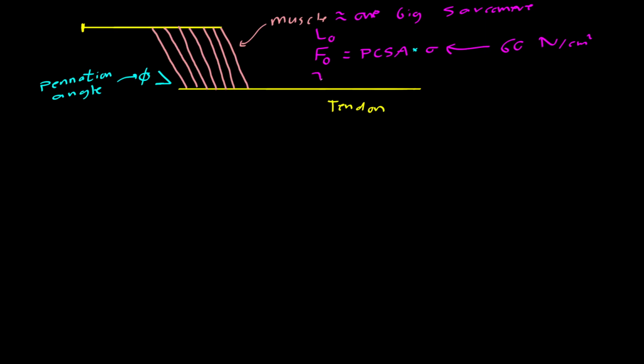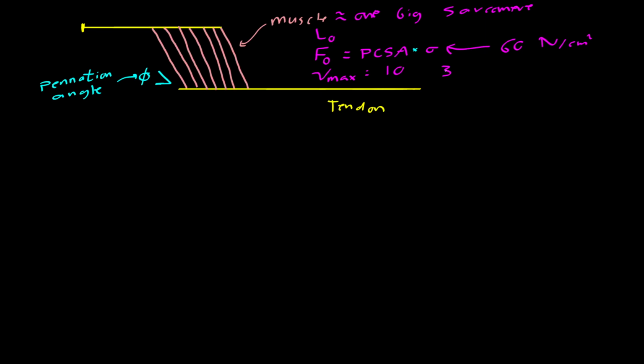And then there's also the Vmax, the maximum shortening velocity of the muscle. Again, that would be something you would do an experiment and measure, or look up from some other study. Traditionally, we assume that tends to be about 10 for fast twitch muscle fibers, and I think about 3 for slow twitch.